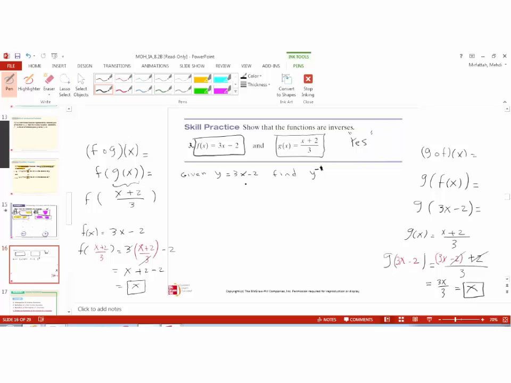The little symbol minus 1 on top of f means they're inverses of each other. Or sometimes they might say, given f of x is equal to 3x minus 2, find f inverse of x. So that's all it means: find the inverse of that.